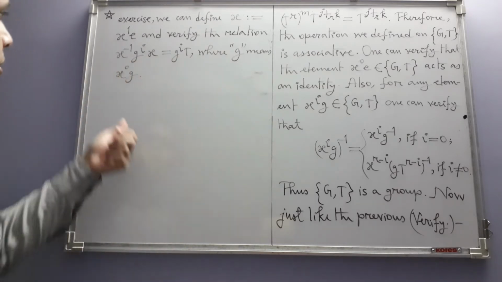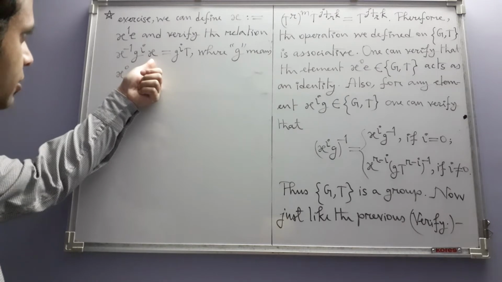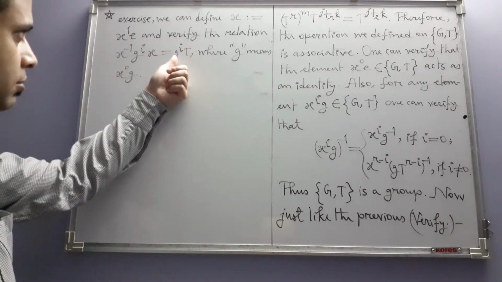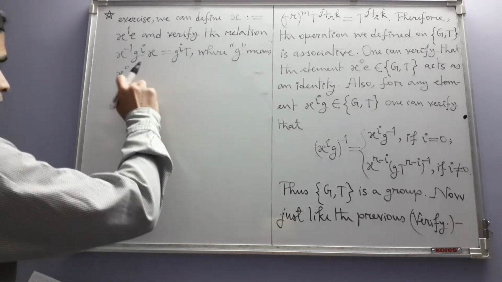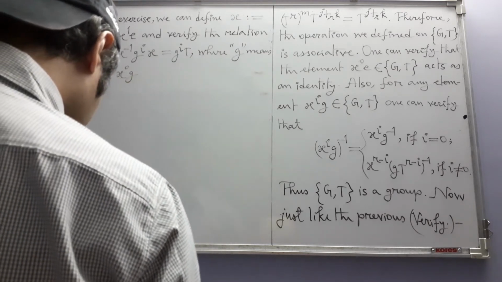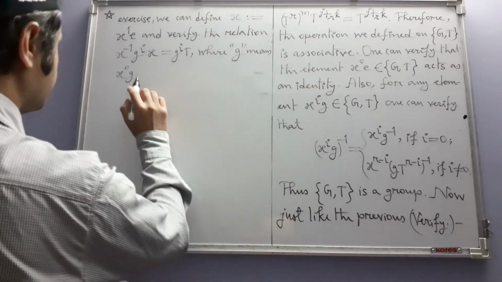With that, if you perform this calculation, then it will become the t image of g to the power i. And in this regard, what is given in the text is wrong.